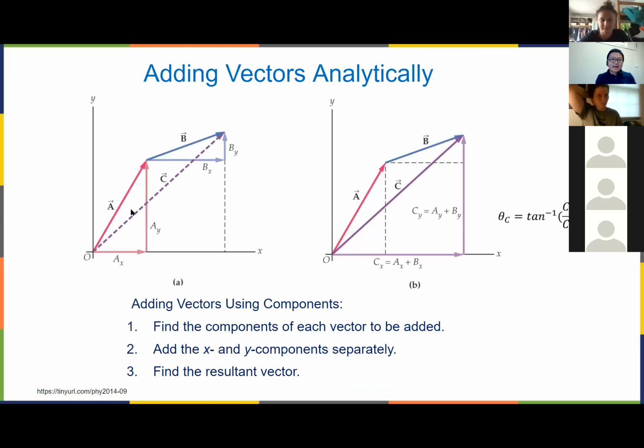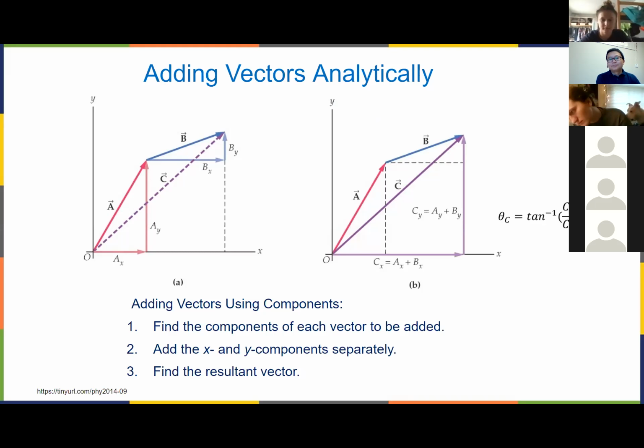So briefly, last time we talked about adding 2 vectors. But the same will apply if you're adding more than 2 vectors together, say if you are adding 3 vectors or 4.